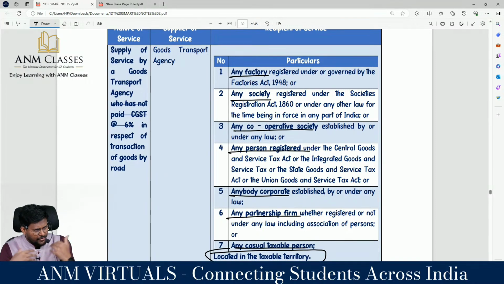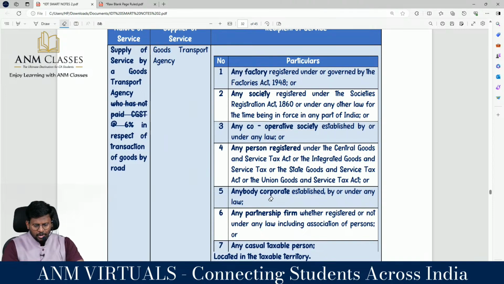Who are the specified persons once again? So factory, society, cooperative society, body corporate, partnership firm, casual taxable person, whether registered or not, they are compulsorily liable to fall in section 24. Repeat once again, last time.